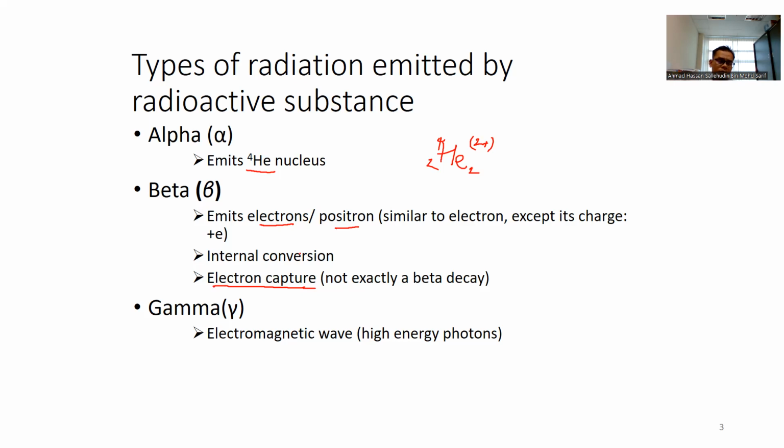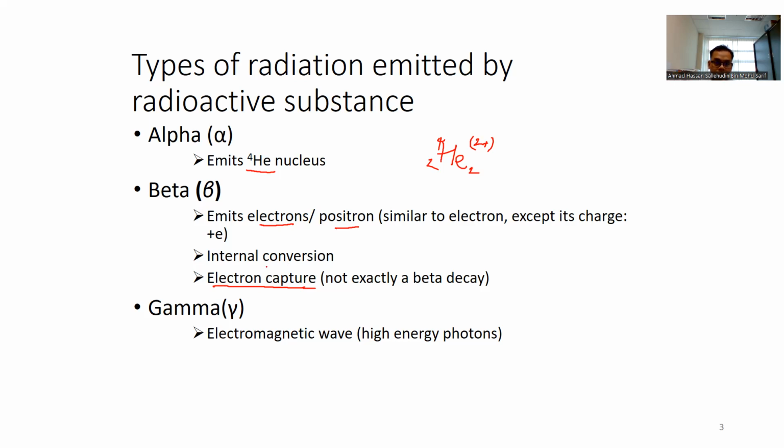The decaying process involves an electron, so you can either consider it a beta decay or not.